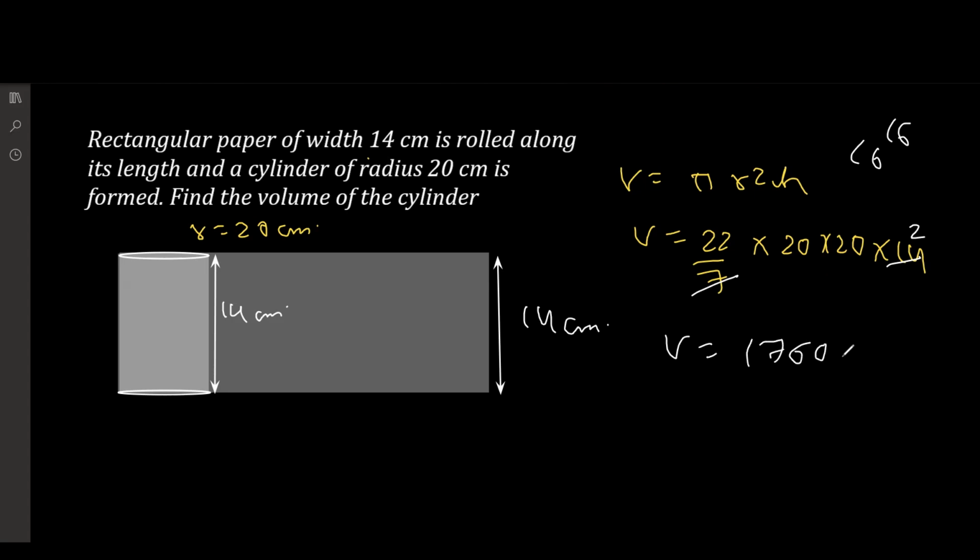So we have 22 into 400 into 2, that is 176. There will be one more zero, so 1760. And this is volume, so it should be centimeter cube. This much centimeter cube is the volume.